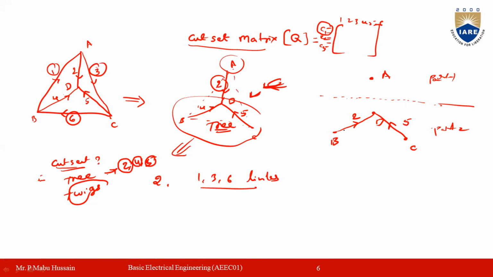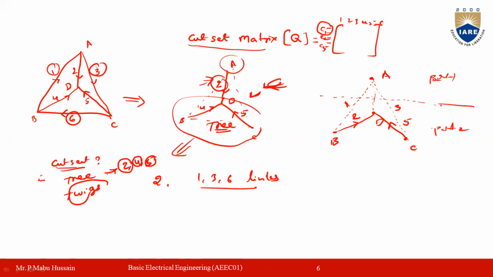Okay, now after removing the branch 2, how many links are going from part 1 to part 2 or part 2 to part 1, right? So if you see here, this is going from part 1 to part 2. So this is also going from part 1 to part 2, right? So this is 1, this is 3. So now here you are having 2, which is a twig.